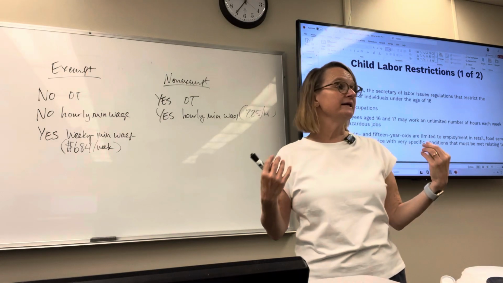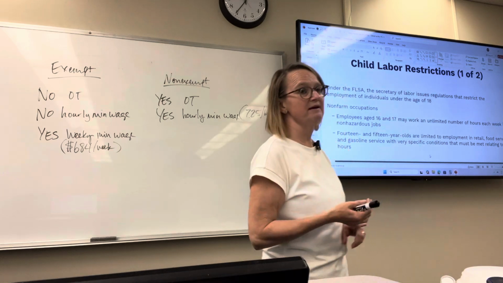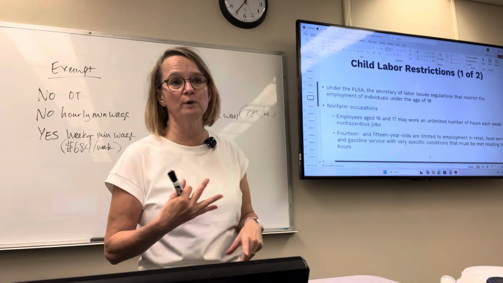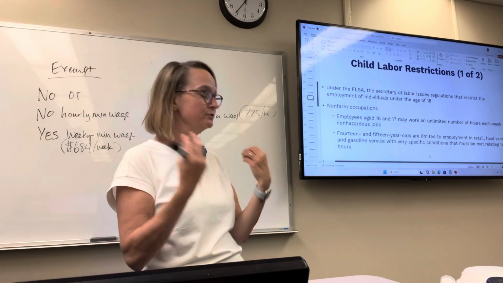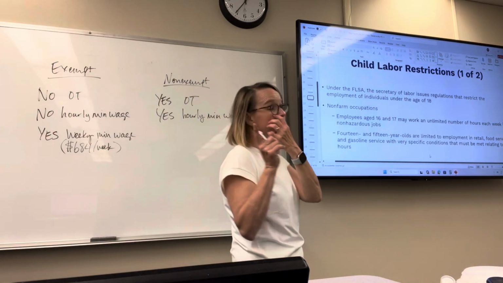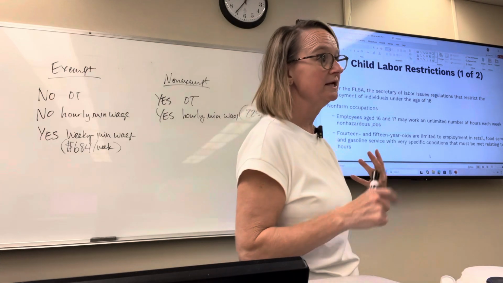Now, it has to be in non-hazardous jobs. 16 and 17-year-olds cannot work in hazardous positions, whether it's through machinery or chemicals or things of that nature. So there are restrictions as far as what occupations they can work in.